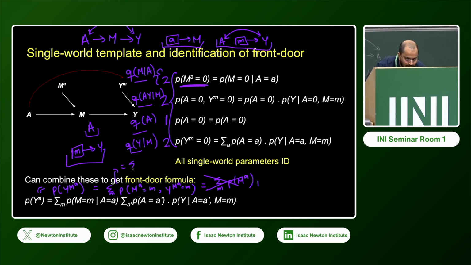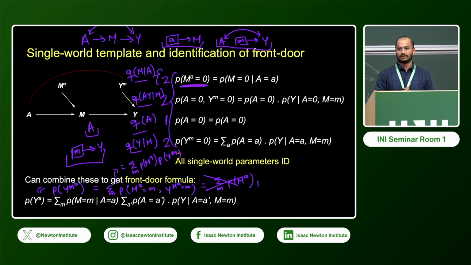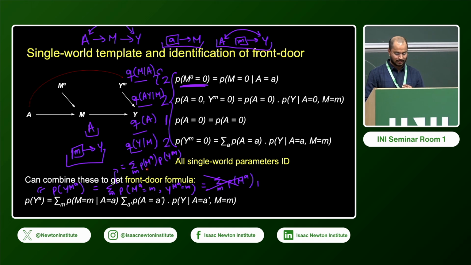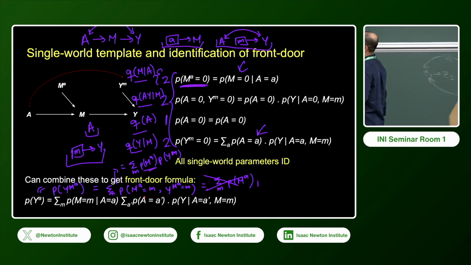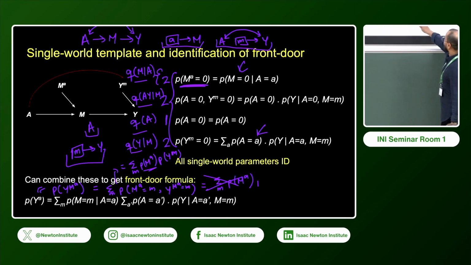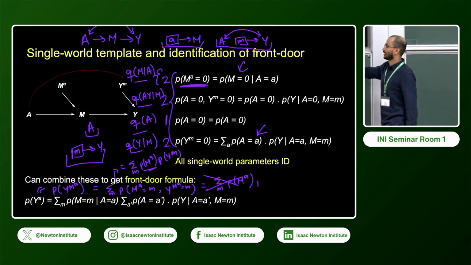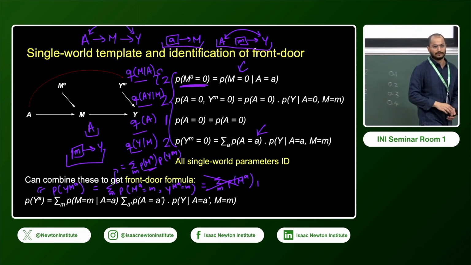So this is equal to the sum over all possible values of M, P of M given A times P of Y given M. And then finally, you can see that P of M given A we've already got over here, and P of Y given M we've already got over here. And notice that because we're intervening and setting A to some specific value, the only thing that you really need to be careful of in the front door formula is that this A that's in the second piece should be different than the A that you're setting to, because this is a marginalization over all possible values.